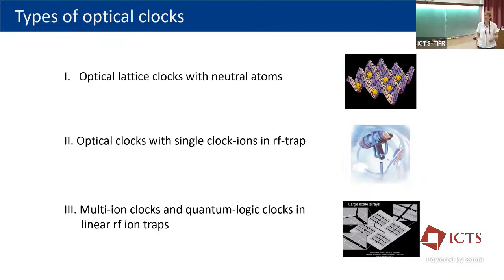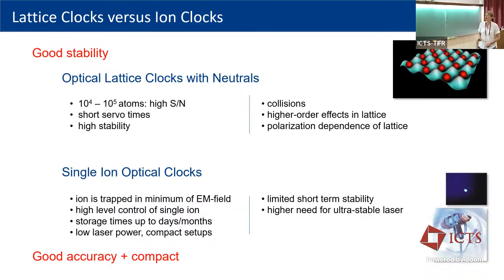So this is how I would characterize it at the moment. When I look at the world, what kind of optical clocks do we see? The big competitors are, of course, the lattice clocks with the neutrals compared to the ion clocks. In terms of the standard ones, not multi-ion, I would say neutrals profit, of course, from the high signal to noise they get because they trap many, many atoms, up to 10 to the 4, 10 to the 5 atoms.